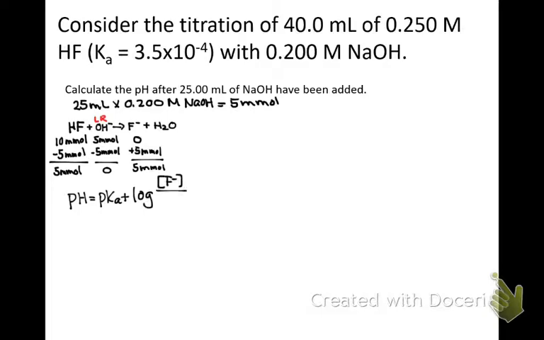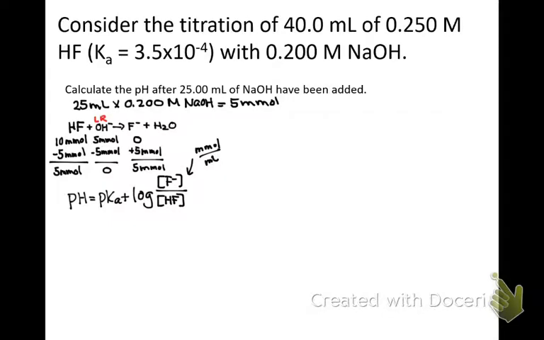Okay, so pH equals pKa plus log of the concentration of F minus, the base form, over the concentration of HF. So we notice that these are concentrations, so we're going to need to figure out the total volume in addition to just the number of millimoles.